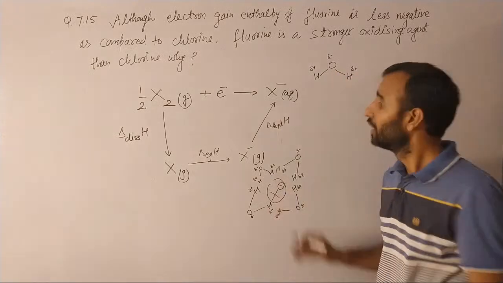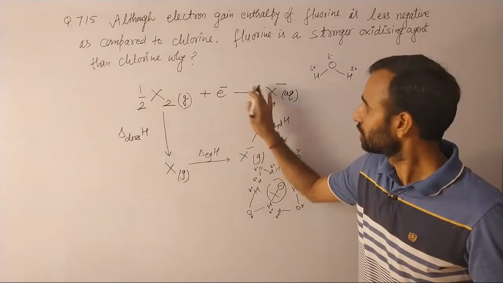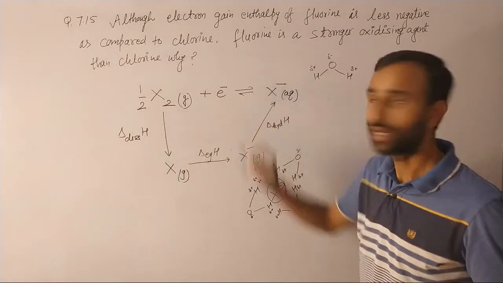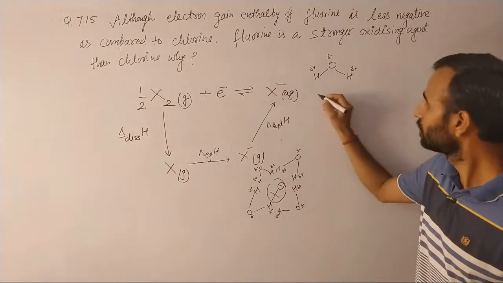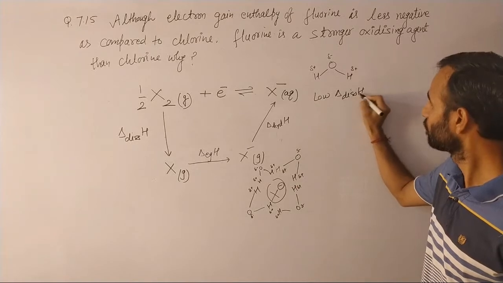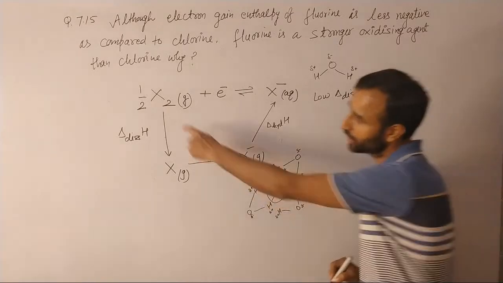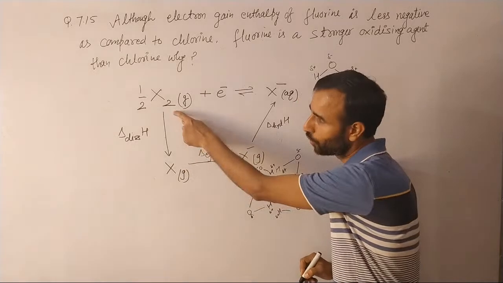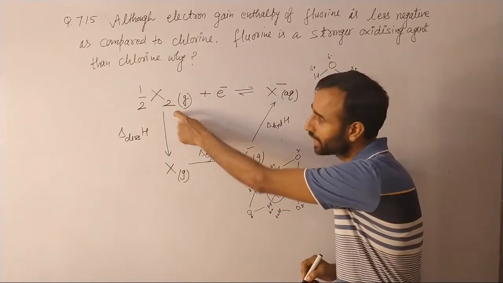So this reaction is favored by low dissociation enthalpy, because if the bond dissociation enthalpy is low, then it can be easily formed.